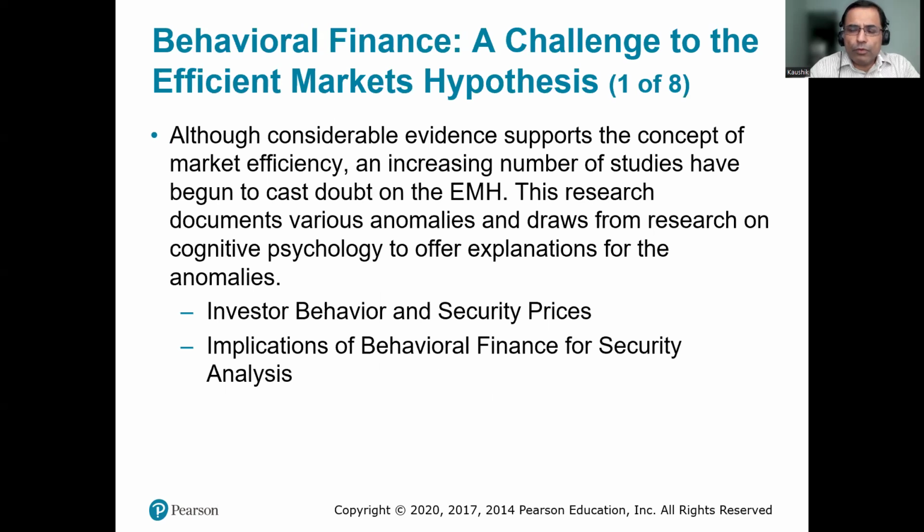So we now move into behavioral finance, which is in contradiction to the efficient markets hypothesis. Behavioral finance looks at the reasons for market anomalies and it tries to explain them from the perspective of cognitive psychology.